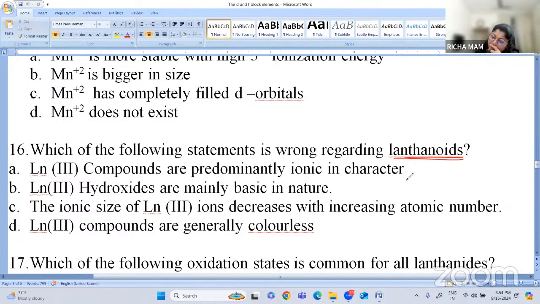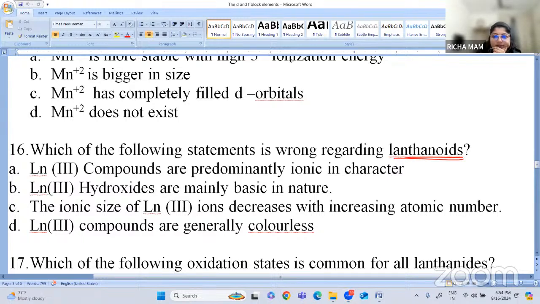We have studied this in our theory part about lanthanides, so just recall the things about lanthanides and try to answer. So which is wrong? Sri Varuni has answered B, Sanjuta has answered C, and Akila has answered D.